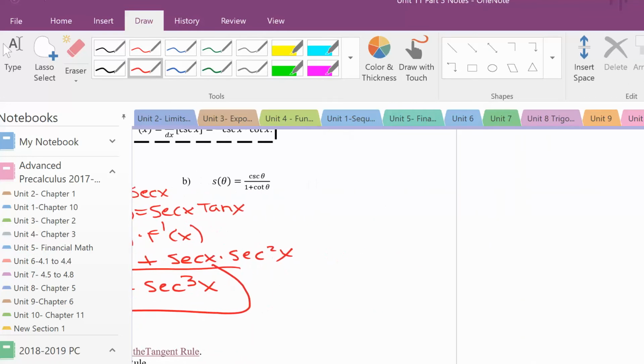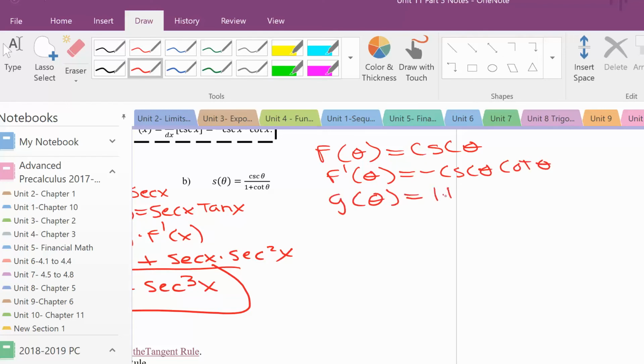So part B is a quotient. And so that means f is the cosecant. So f prime is equal to negative cosecant theta cotangent theta.